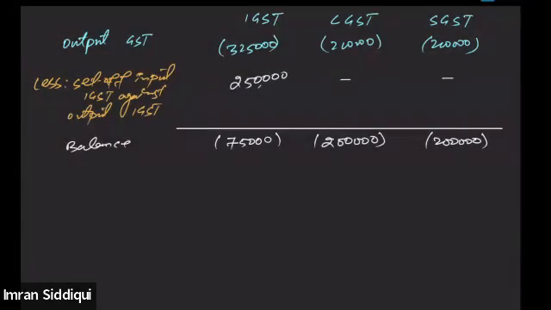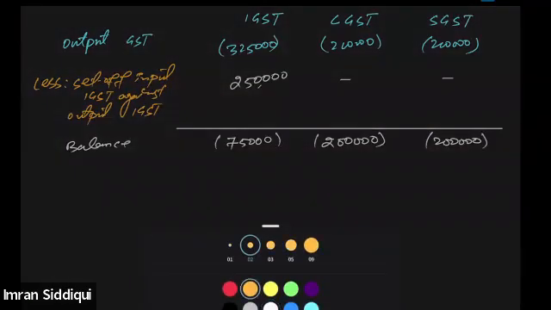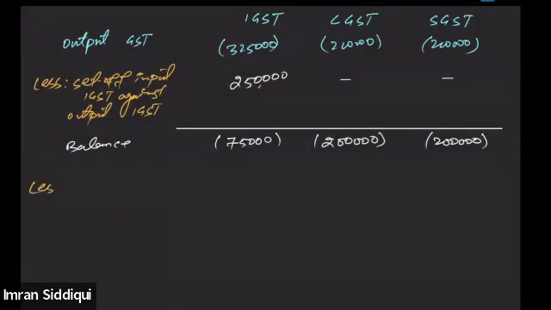Then now we'll set off input CGST, right, against, first of all, the output CGST.